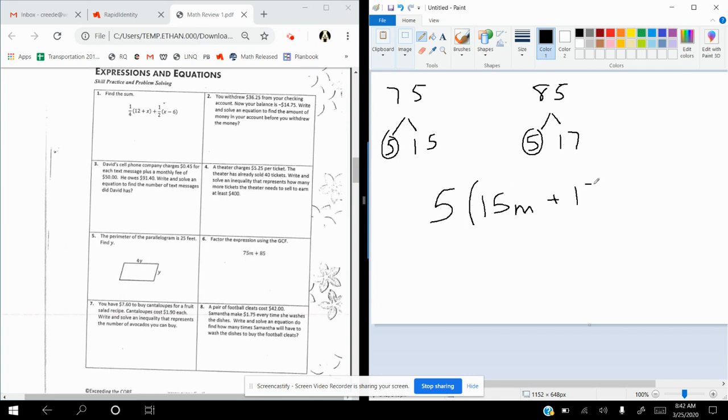So we're going to put 17 right here. This will be your factored version of this expression, 75m plus 85. Because if I were to distribute that 5 to both the 15 and the 17, we would get 75m plus 85, and these are the same thing.